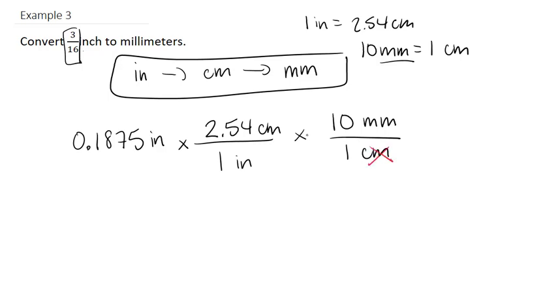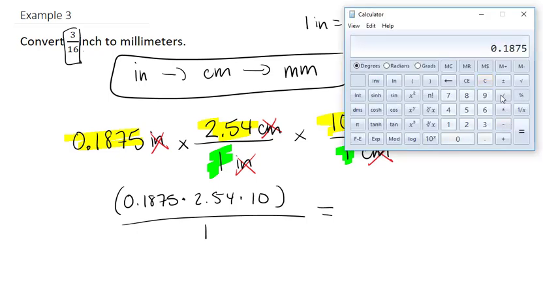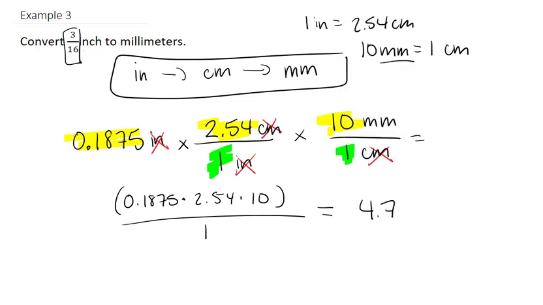This way, centimeters cross out, inches cross out, and we're left with multiplying what's on the top and dividing by what's on the bottom. So we get 0.1875 times 2.54 times 10 over 1, because 1 times 1 is 1. So we multiply 0.1875 by 2.54 times 10, and we get 4.7625. And this is millimeters.